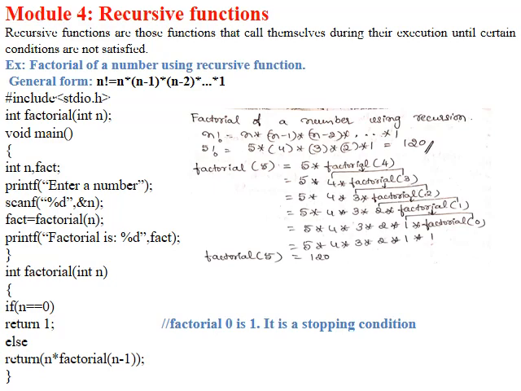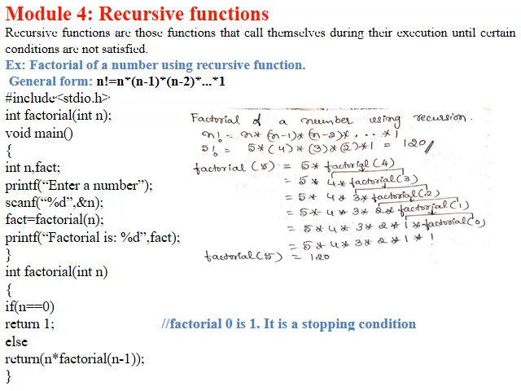Once factorial of 5 is passed to the function, control will go to the function factorial. Then you can see here, first the condition checked is if n is equal to 0. First time, n is 5, so 5 is equal to 0 is tested. Since 5 is not equal to 0, the if condition becomes false, so the else part is executed.